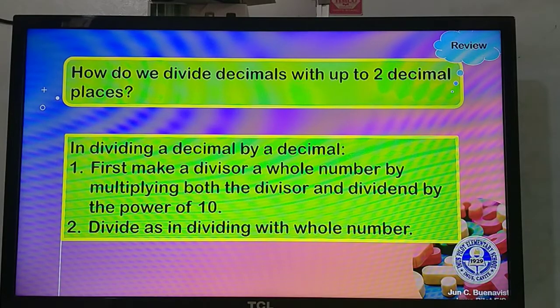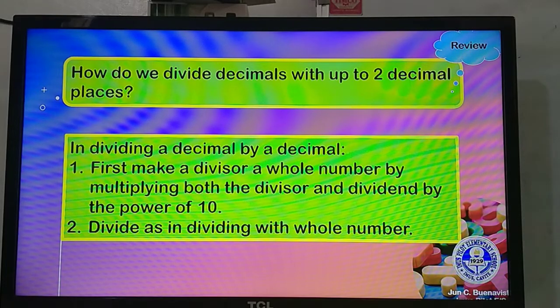If you move the decimal point of the divisor to the right twice, you also move the dividend twice. If there are not two places in the dividend, you add 0 to complete the movement of the decimal points. Then, second, divide as in dividing whole numbers.